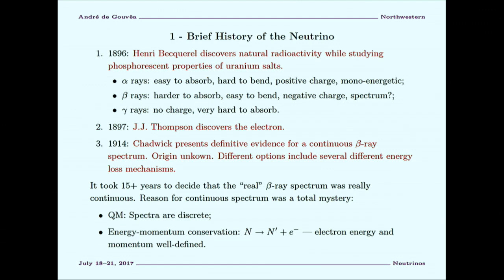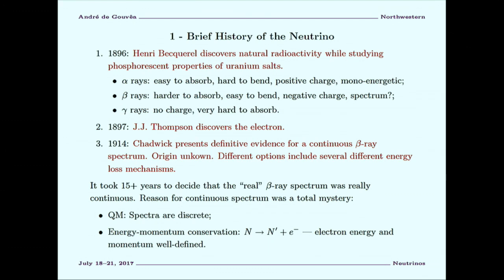People did not know that for a very long time. It's only in 1914, so almost 20 years after radiation was discovered to begin with, that somebody did a set of experiments that established beyond reasonable doubt that the spectrum was continuous. Okay, so that was a fact, and it took a long time to establish that fact.